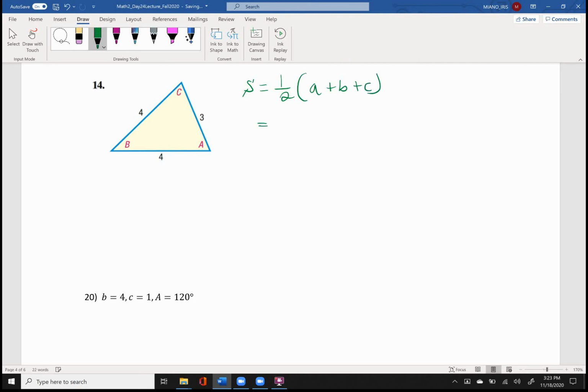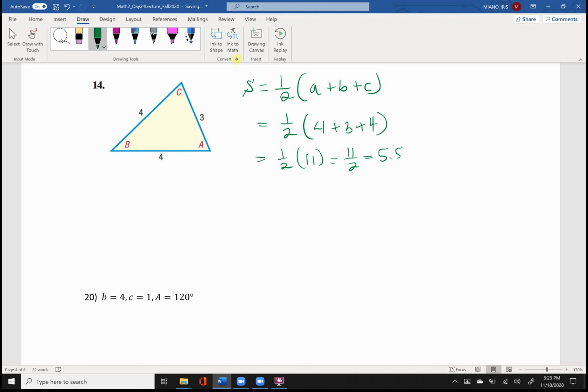Which for this particular is 1/2 times the quantity 4 plus 4 plus 3. Oh, I guess technically 3 is the B value, so I want to be consistent here. Plus 3 plus 4. Whatevs. Addition's commutative. That'll be 1/2 times 11, which is what, 11 halves, or 5.5 if you like. I like to use the decimal version of this when it doesn't divide evenly, so that's fine.